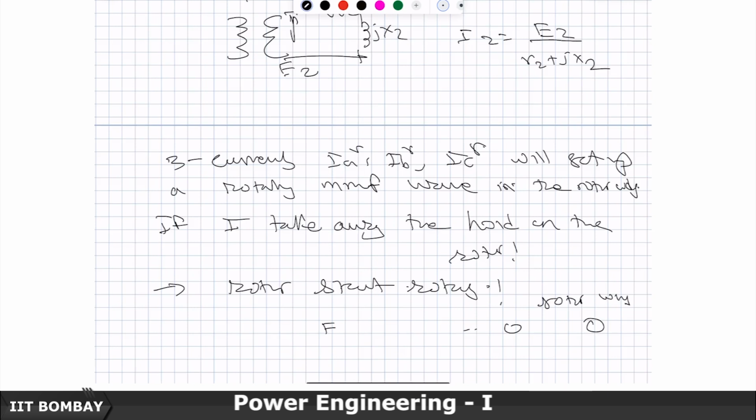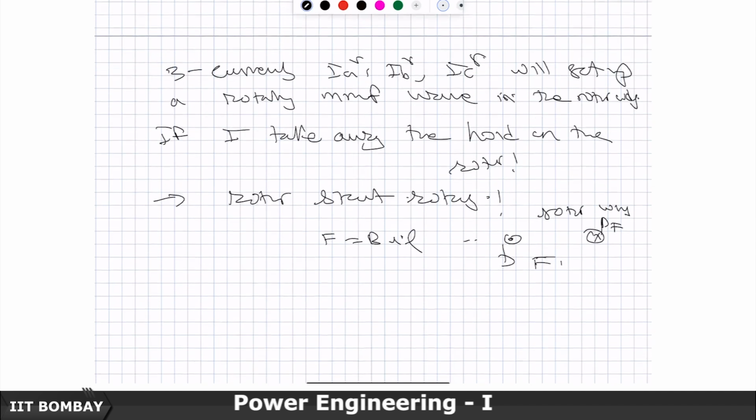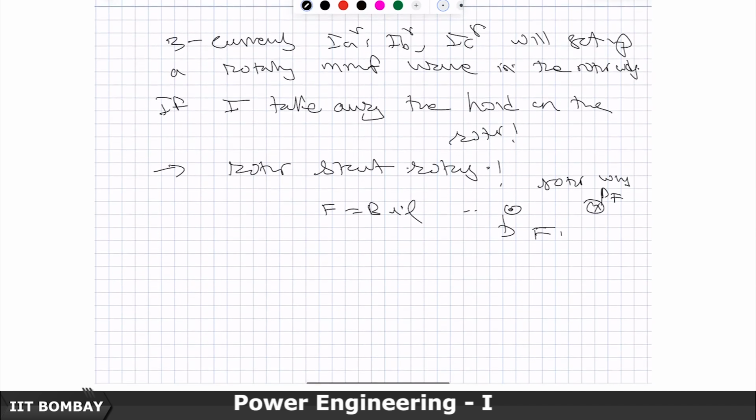Suppose the currents which will flow through these rotor windings will be such that due to the BIL principle the force will act, right. The stator has created a field, the rotor conductor is carrying a current going through it.